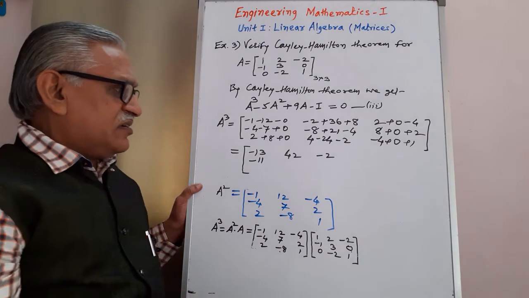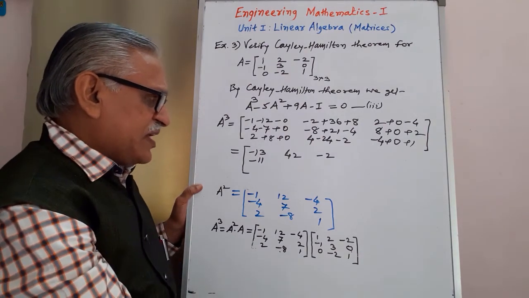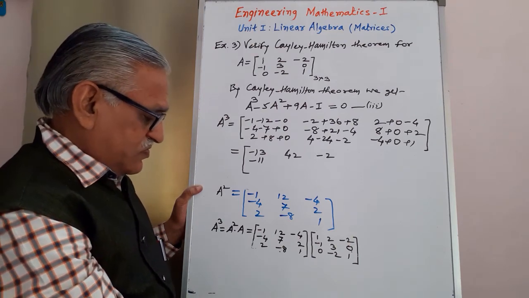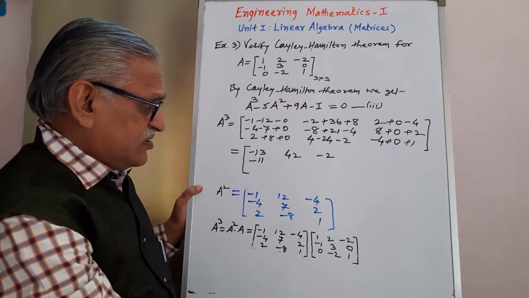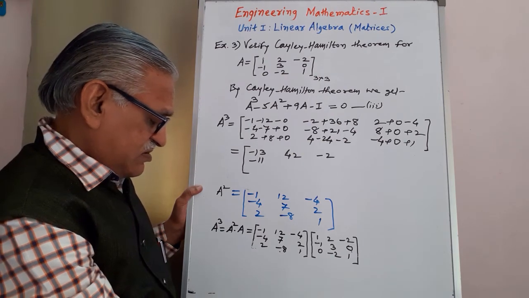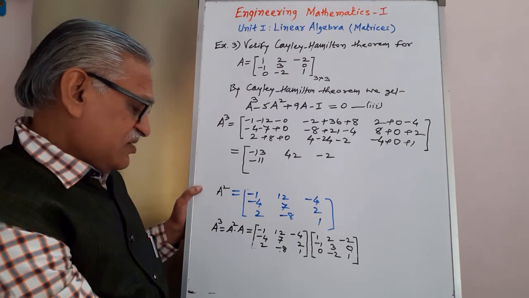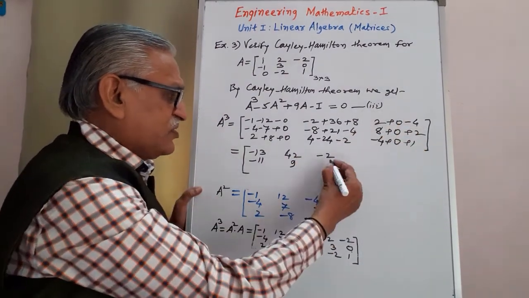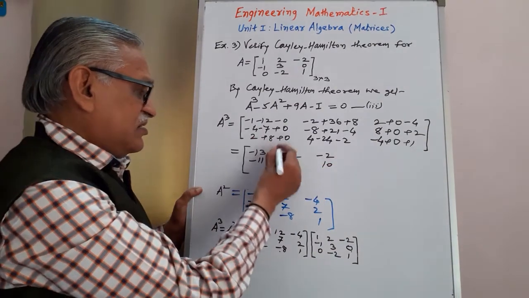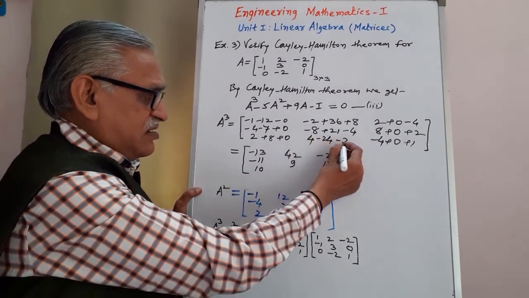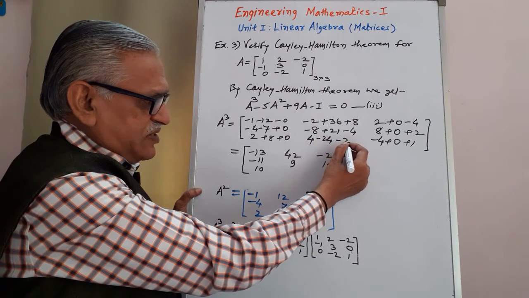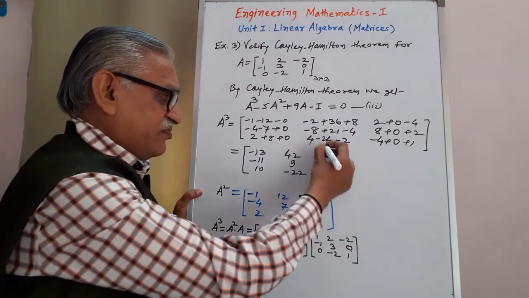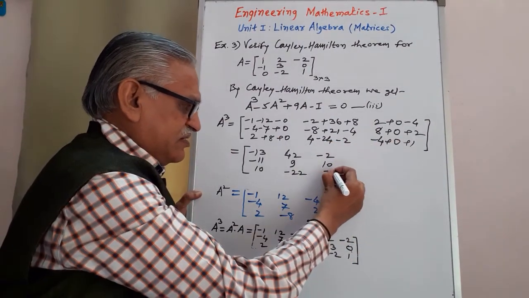Minus 9 plus 21, 21 minus 12, we get 9. 8 plus 2, 10. Again 10. 20 minus 20, minus 2, minus 22, and minus 3.